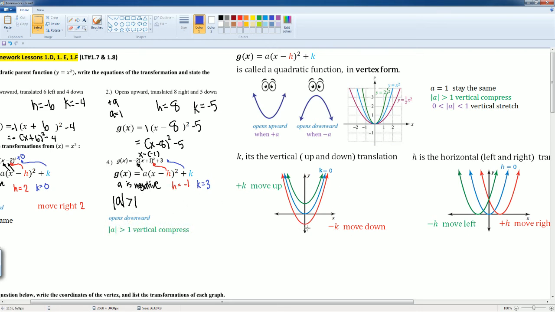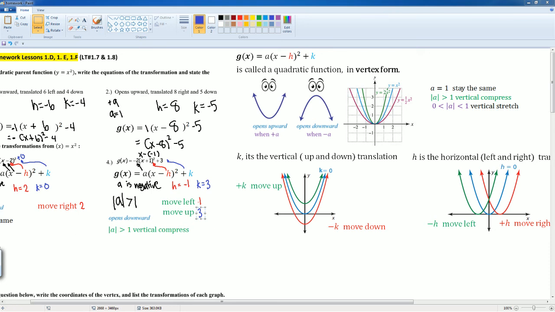H is equal to negative 1, so we can say that does move left 1 unit. And K equals 3, that does say move up 3 units. So there you go. That would be your description. It opens downwards, it has a vertical compression, it moves left 1 unit, and then it goes up 3 units.